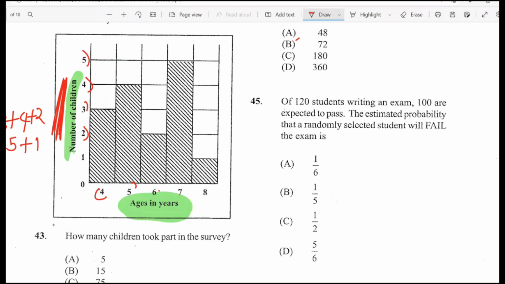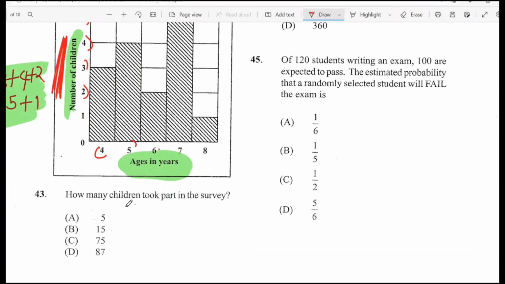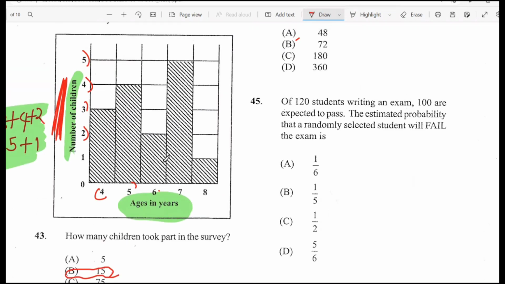So we need to add up, find the sum of this. So then we could quickly say, 7, 9, 10, 15. So you could quickly add up the numbers that you get, and you realize that there are 15 of them right there.